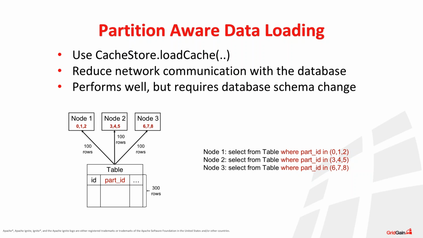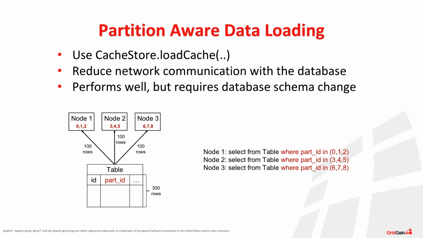Then when the actual data loading happens, node 1 will not select everything from the table, but will select only rows which have 0, 1, or 2 as partition ID. Node 2 will load 3, 4, 5, and node 3 will load 6, 7, 8. In this case, if you have 300 rows in a table, each node will load approximately 100 rows instead of loading everything.